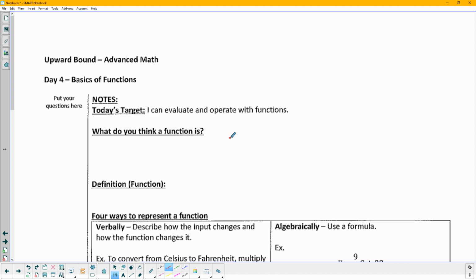Because I really think that visualizations are key to understanding any concept, really, but math in particular. I'm going to try that again. Try to get something that looks a little bit better. So this is just the visualization that I have of a function.